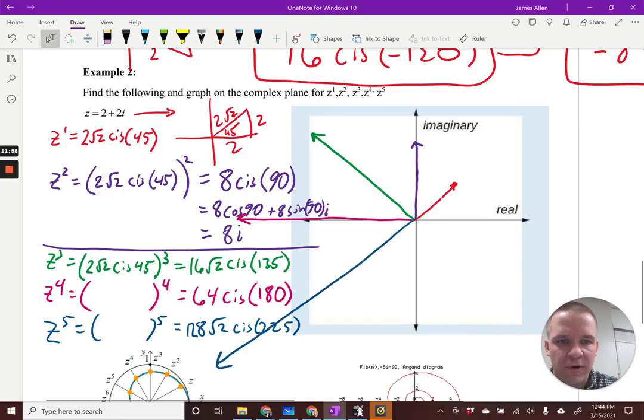So we went from 2 root 2 to 8 to 16 root 2 to 64, and then all the way to 128 root 2. Woo! I like that. Yeah, I think I misspoke on this one. I think I said like 16 root 2. My bad. But look at that. That's kind of fun. It all kind of spirals. And oh my goodness, look at that.